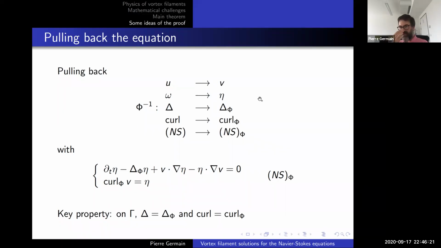And then, of course, the problem is that the differential operators also have to be pulled back. And this introduces quasi-linear corrections to the Laplacian that appears in the viscous term, but also the curl that appears in the Biot-Savart law. And overall, the Navier-Stokes equation becomes this equation here.